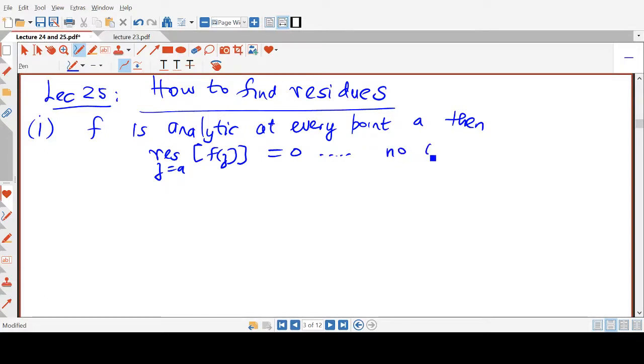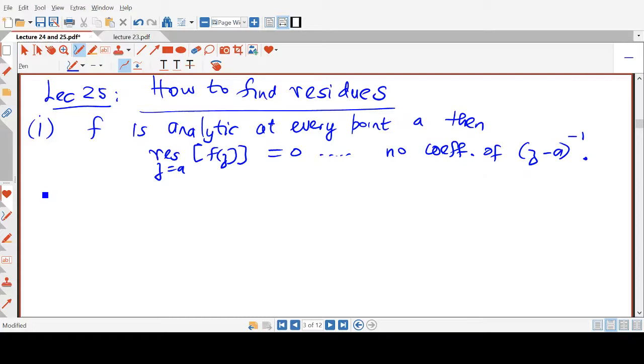There's no coefficient of z minus A to the minus 1. There's no coefficient of 1 over z minus A. It'll just have a power series expansion, so that the residue is 0. If there's no coefficient of 1 over z minus something, it's 0.